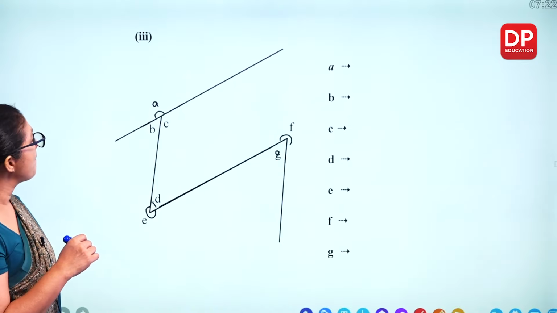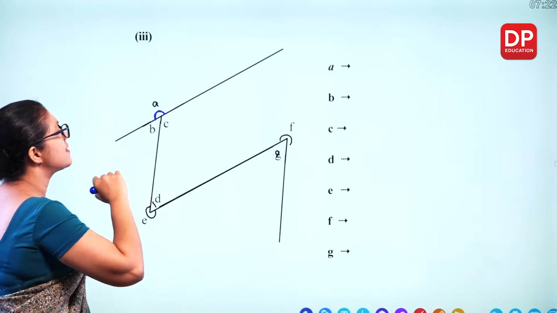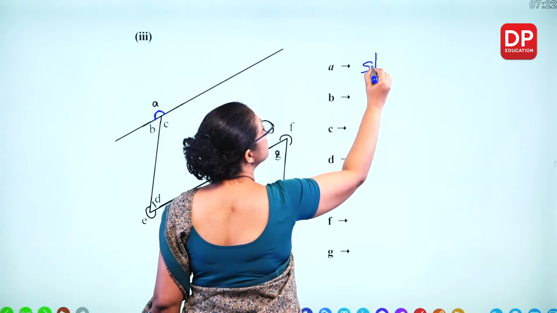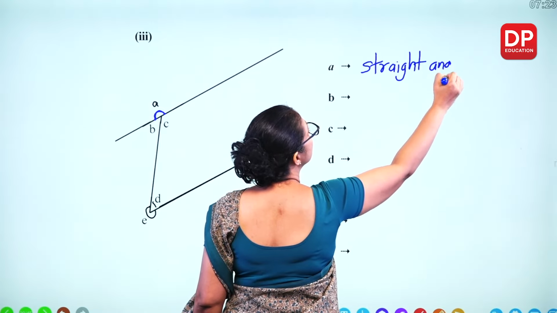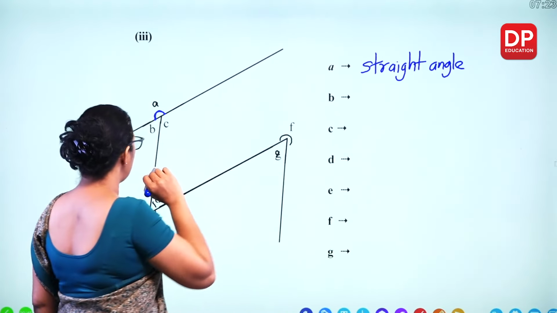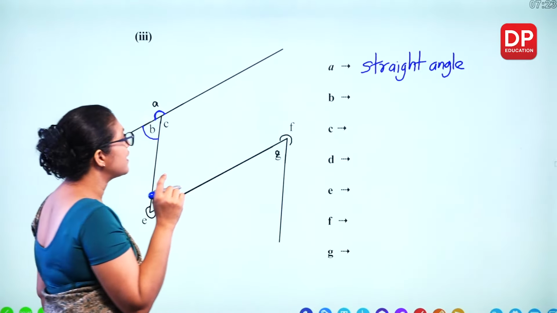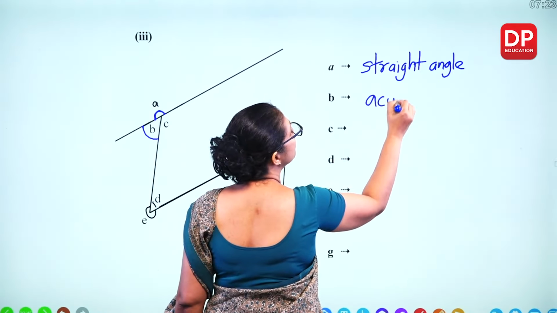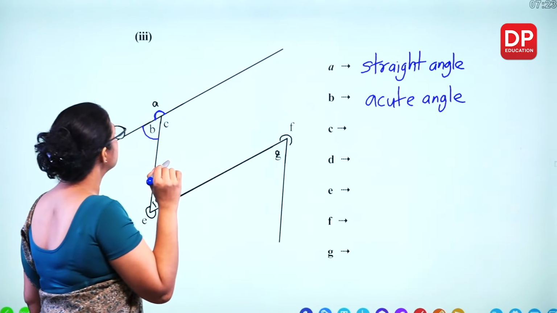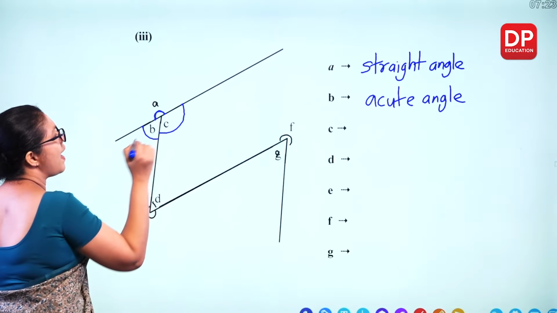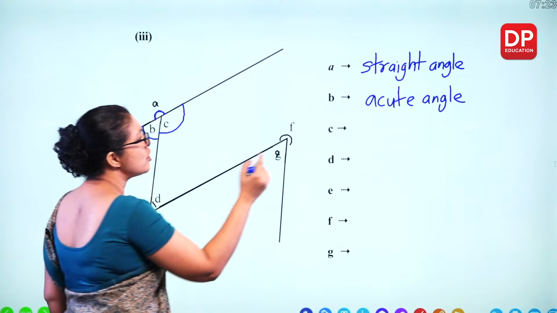Look at this one, A, this is a straight line, so that means A is a straight angle. B, this one, that's a small one, less than a right angle, acute. C, this one, more than one right angle, less than two right angles, that's an obtuse angle.